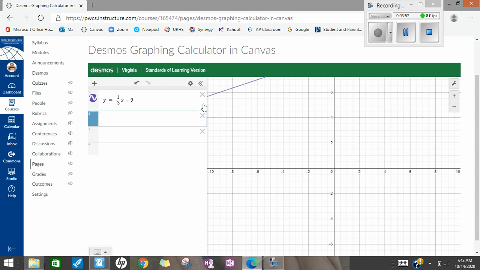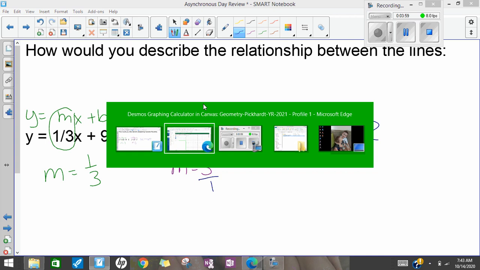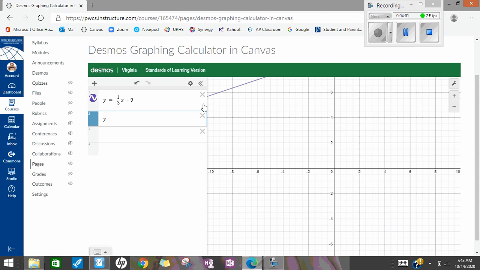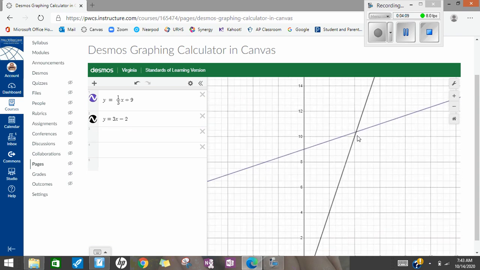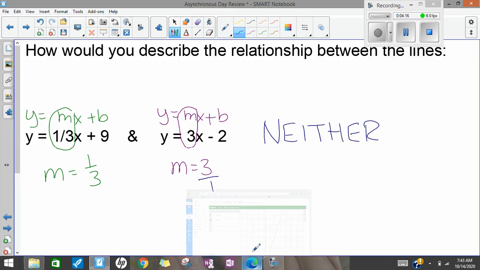Here's my first one. And there's my second one. And then we can see that they cross, but they don't make right angles. So they intersect, but they're not perpendicular, and they're definitely not parallel because they intersect.